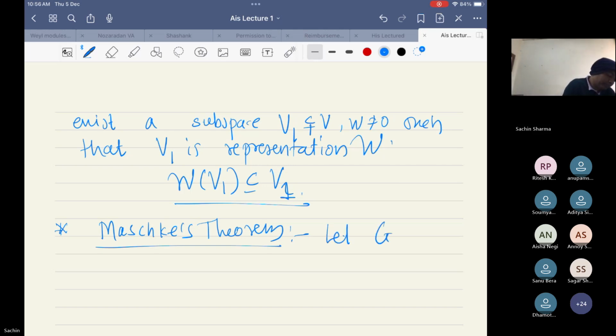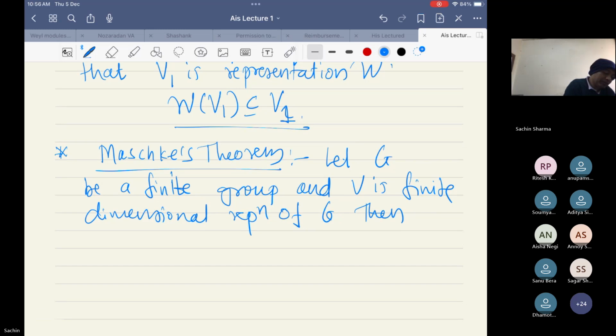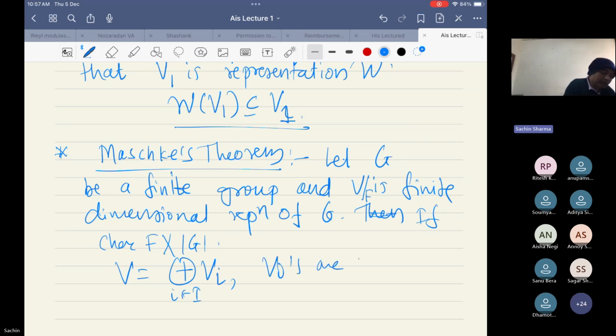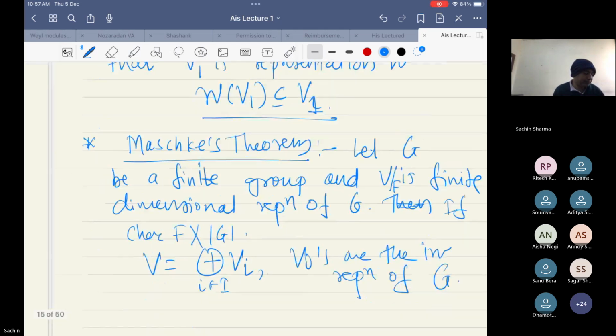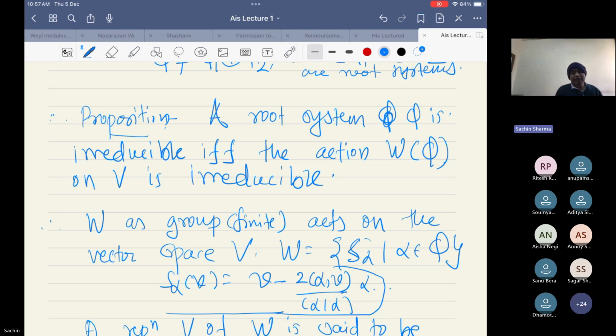So we will use this result to show that in fact if your root system is irreducible, then this holds.